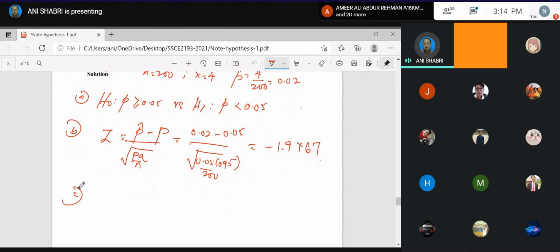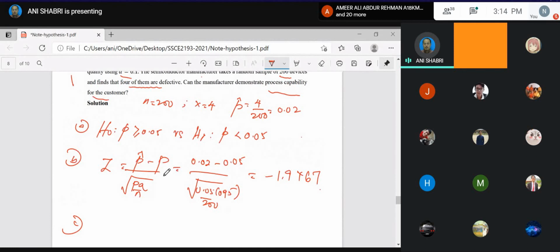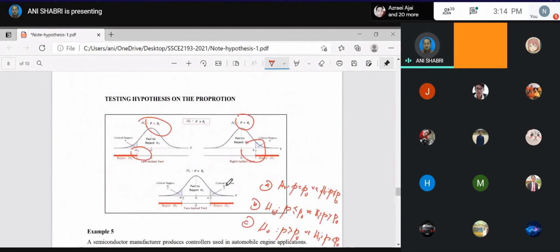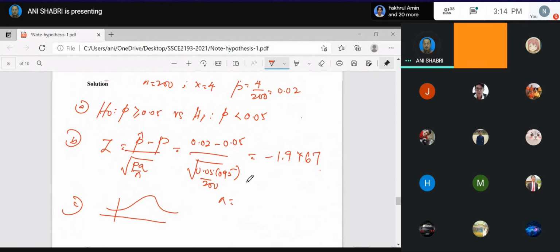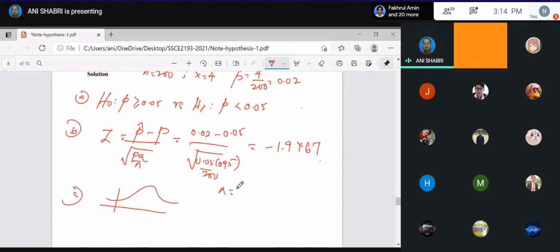Okay, for number C we must use the rejection region, number A, because it is "less". For this one, alpha is 0.1.